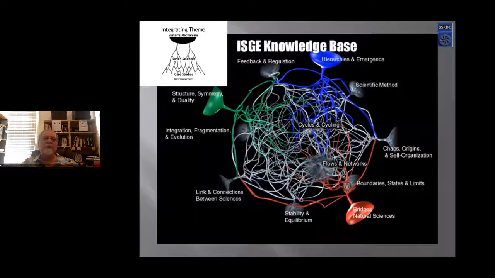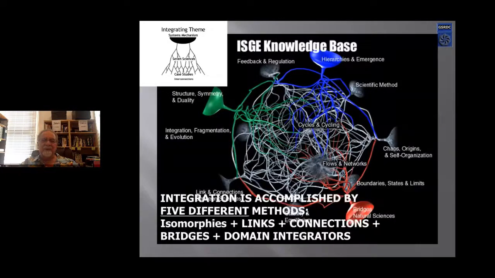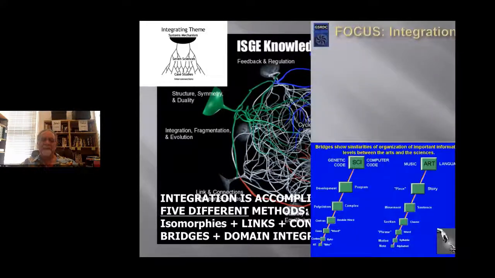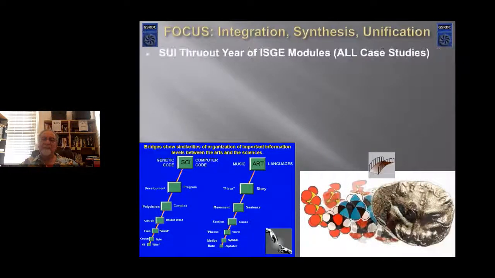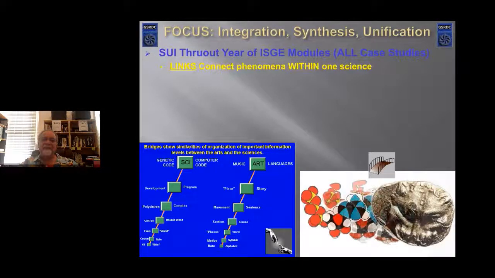So we were showing the integration across all of these things. It was accomplished in ISGE by 5 different methods: isomorphies, links, connections, bridges, and domain integrators. So it wasn't nonsense. We were really doing synthesis, integration, and unification throughout the year in all the case studies.